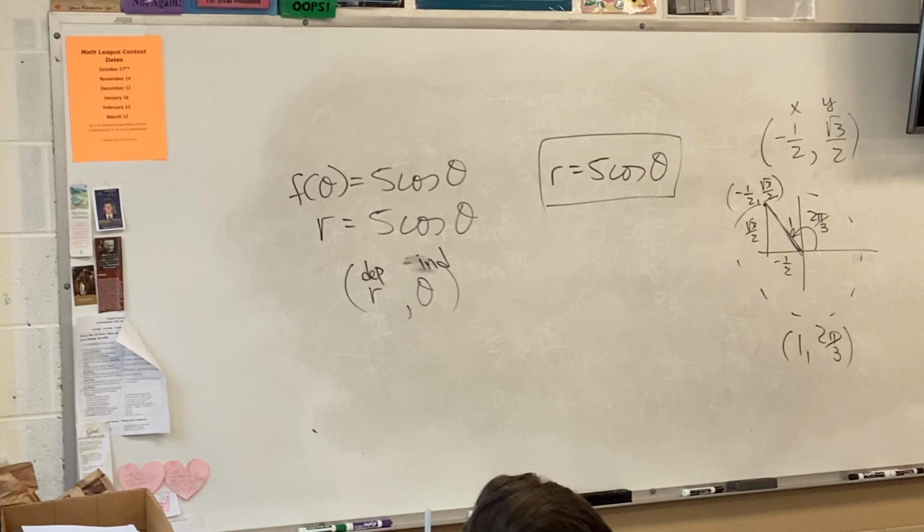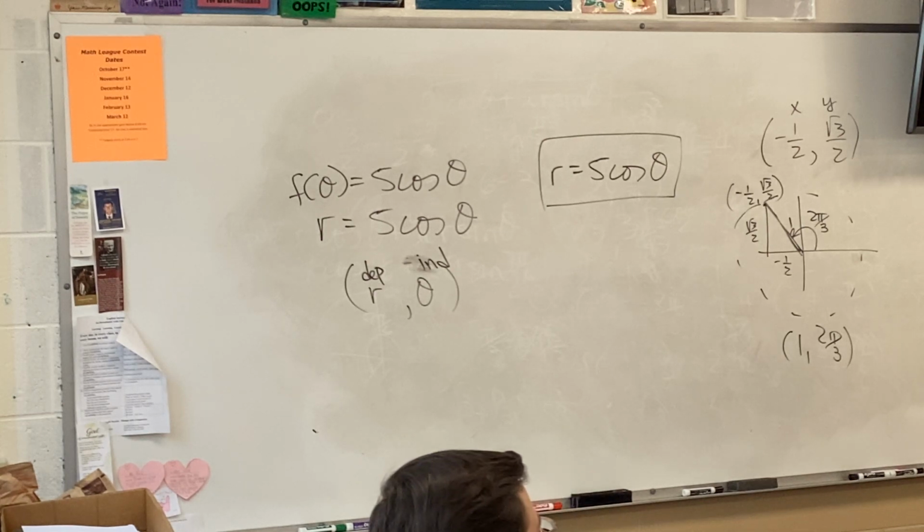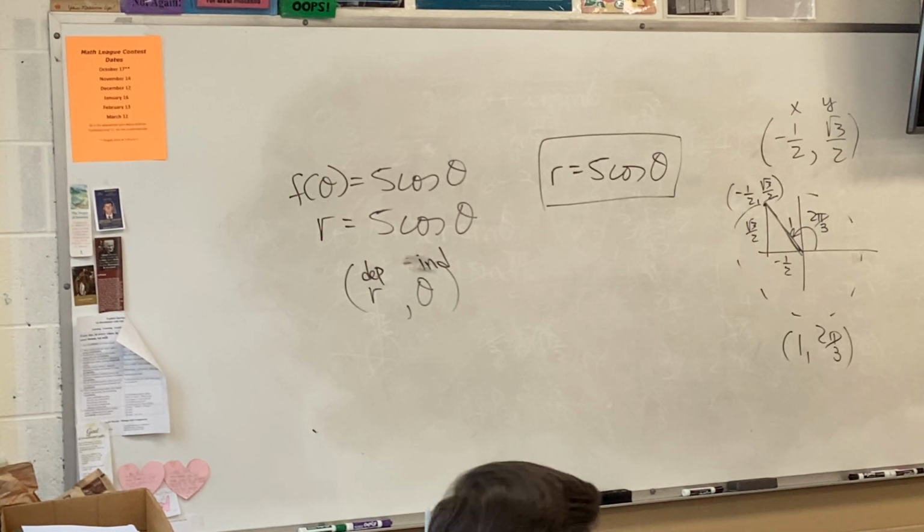Yeah. Second of all, it's on the other side of the y-axis. Does that make sense to you? Because the 2 is negative. And remember what negative r's do? They flip you to the other side, right? So that makes sense. Perfect.